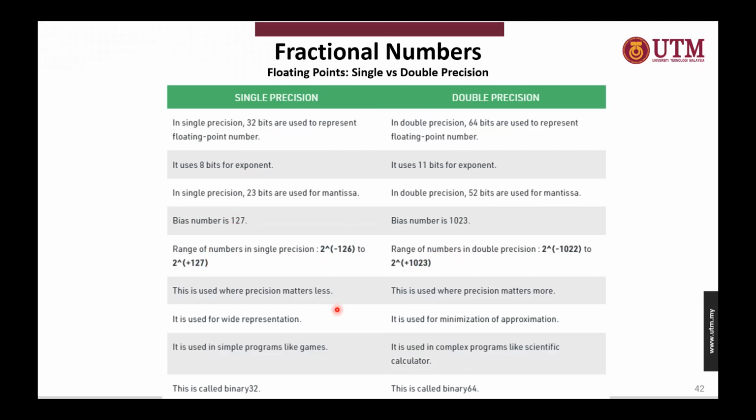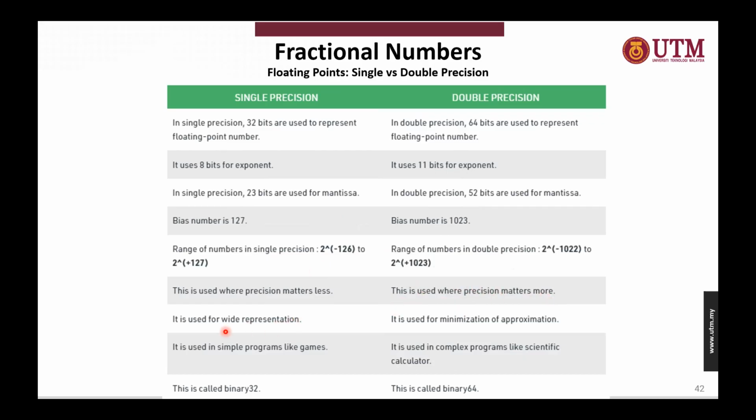Single precision is most commonly used when the precision matters less, but the precision still needs to be there compared to the fixed point. Fixed point means more or less precision compared to the floating point. Double precision is used where the precision matters more.